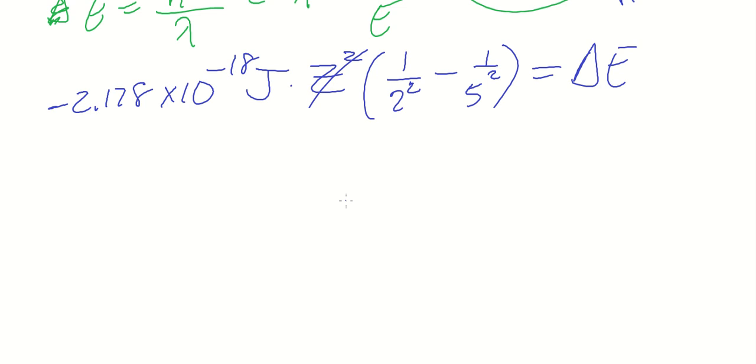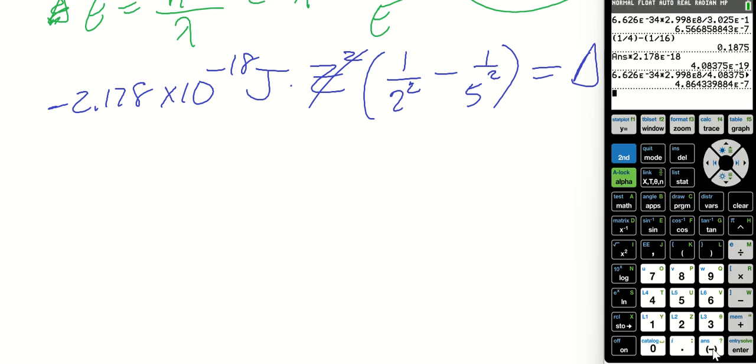Energy? Okay, let's punch these numbers in our calculator. Negative 2.178 times 10 to the negative 18. Now, I'm not doing the parentheses first, I just realized. It's good to mix it up. Now we'll multiply that.